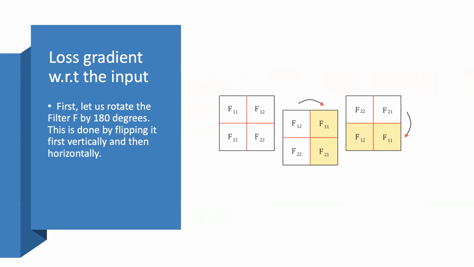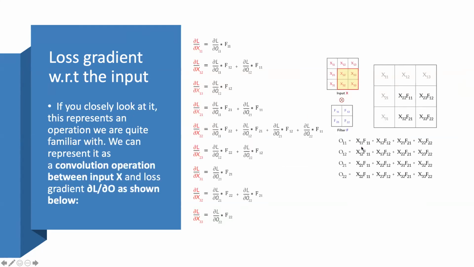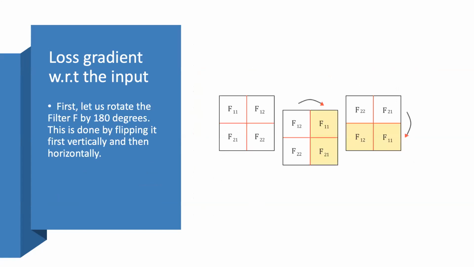Do you guys see this pattern? F22, F21, F12, F11 here. I want a yes if you do in X22. Is that a yes from everyone? Yes. Okay, great. So this is what we are doing, basically. We are taking the filter, flipping it, inverting it.